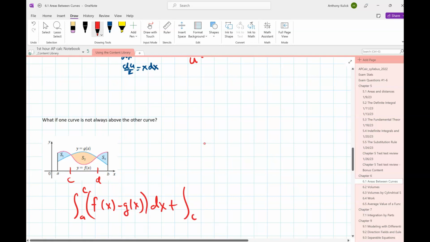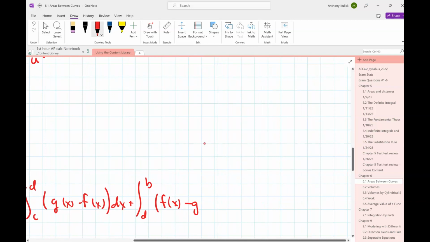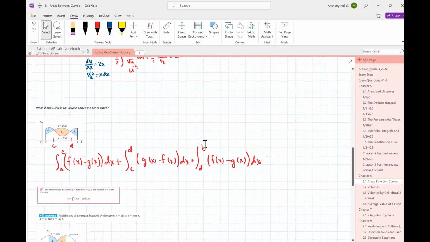And then from C to D, g of x is on top. And then from D to B, f of x is back on top. So we just break it up into pieces. Okay, no big deal. We can handle that.